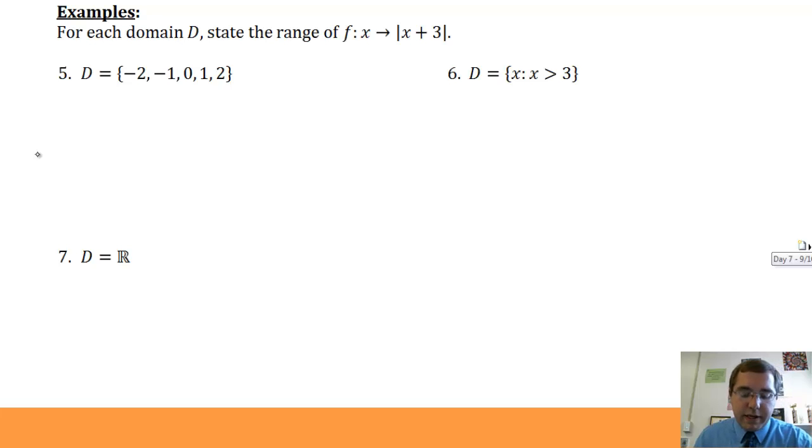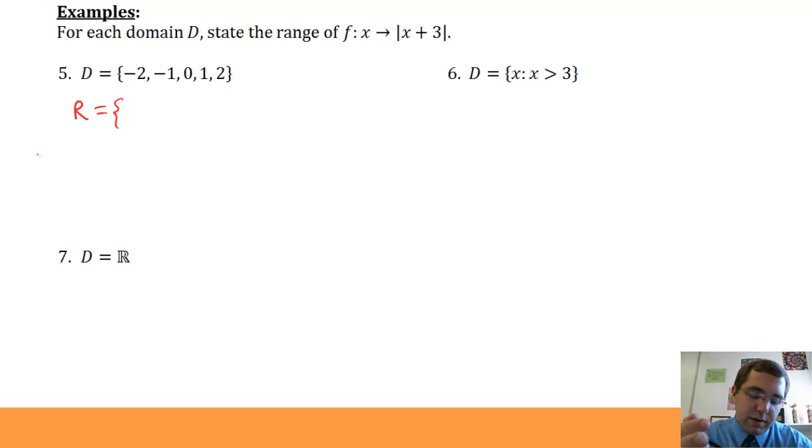So for example, for each domain D, so here's 3 different domains, state the range of the function f, which takes x to the absolute value of x plus 3. So number 5, I've only got 5 elements in my domain, negative 2, negative 1, 0, 1, and 2. So my range is going to consist of the 5 things that are mapped to by those 5 elements of the domain.